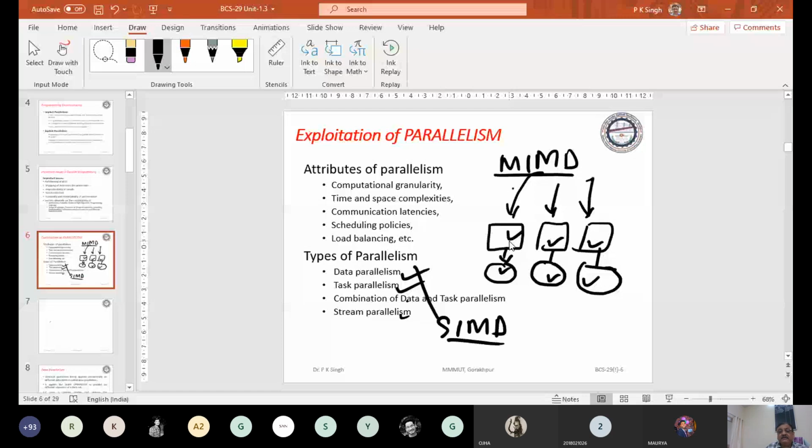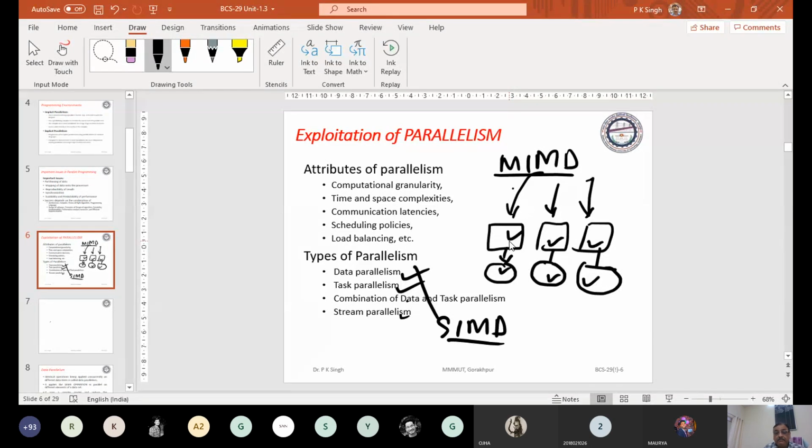Task parallelism is functional parallelism: we have several functional units that execute different tasks, different threads, different instructions simultaneously.